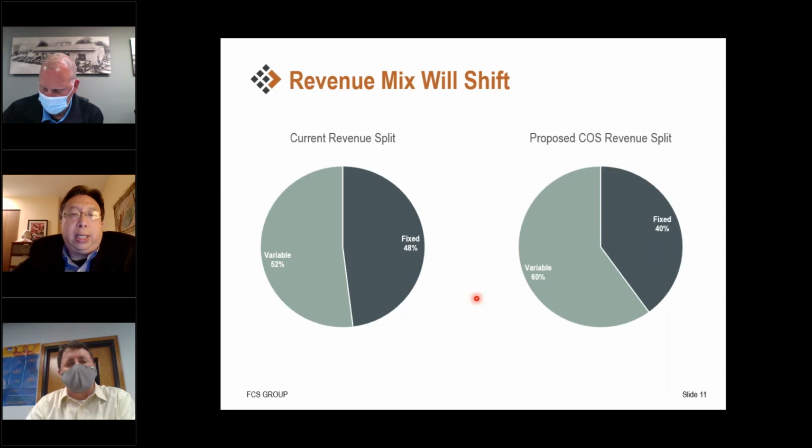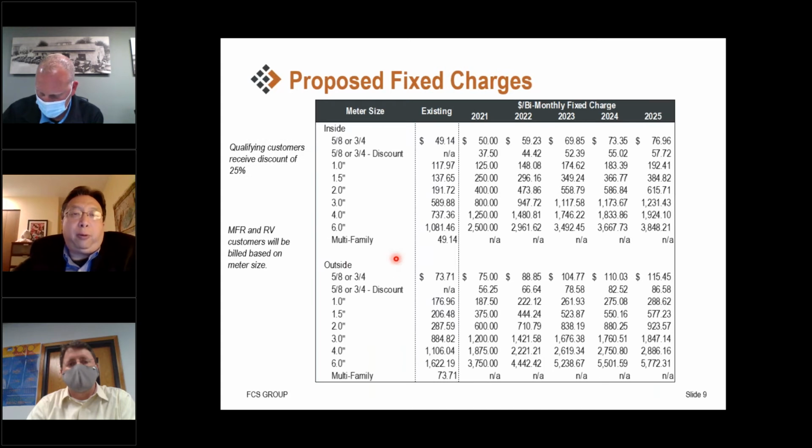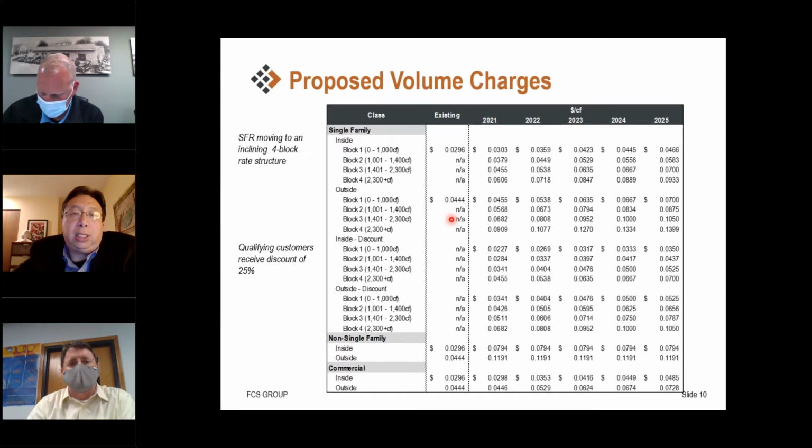And how we take a look at this is we take a look at your revenues coming in system-wide, and under the current rate structure, it's split about 52% volumetric charges versus 48% fixed charges. So, for example, 40% of your revenues comes in via your fixed monthly charges, and then the balance comes in through your existing billings via the four block charges.